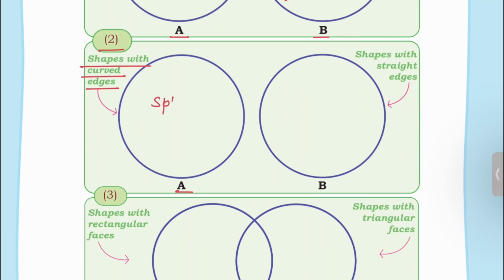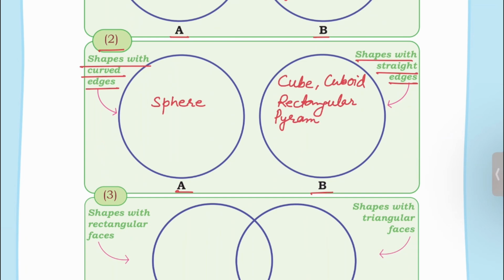You can fill sphere here. 2B shapes with straight edges. You can fill cube, cuboid, rectangular pyramid, triangular prism, etc.